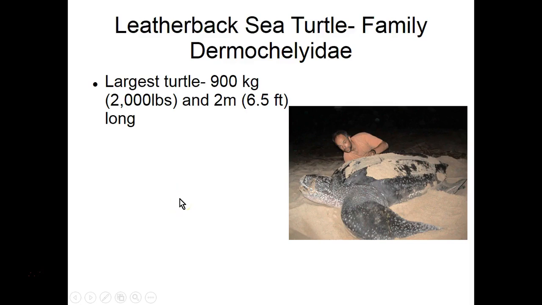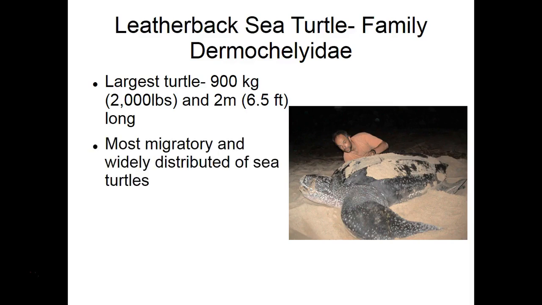Okay, so the leatherback sea turtle is in the family Dermochelyidae. It's the largest of the turtle species. It gets up to 900 kilograms or 2,000 pounds, and it is a length of 2 meters or 6.5 feet long. And you can get an idea of how big the leatherback sea turtle is by looking at this picture with the human laying next to it.